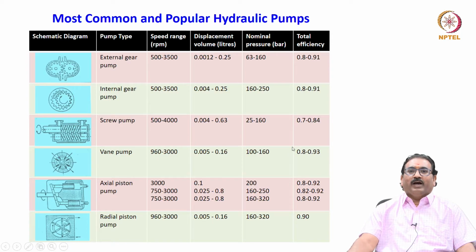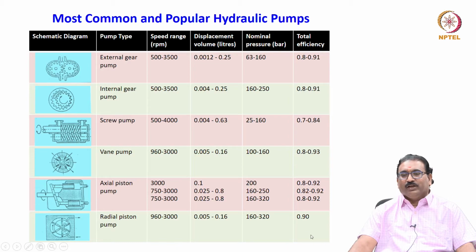Based on the requirement, you may select the external gear pump, internal gear pump, screw pump, vane pump, axial piston pump or a radial piston pump. If you move from one to another, cost goes on increasing. Also you will see the efficiencies.